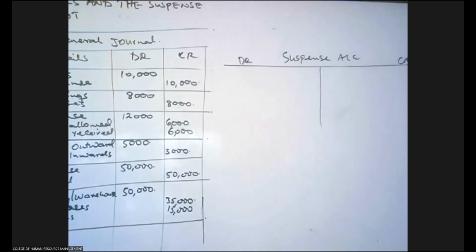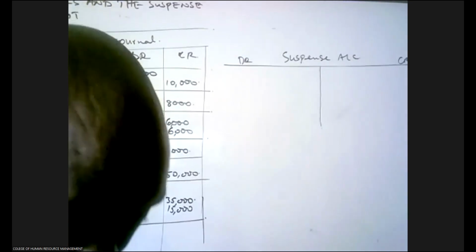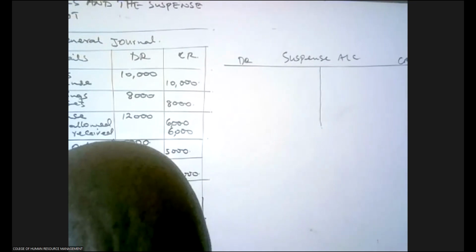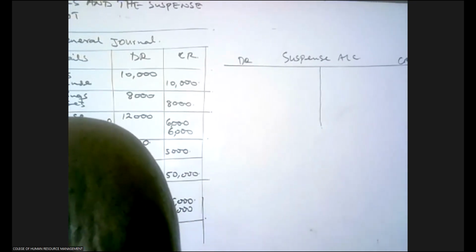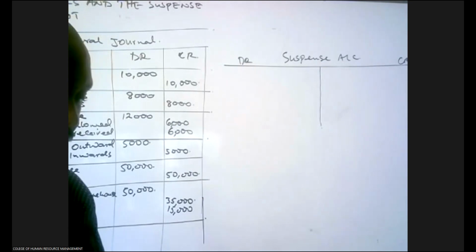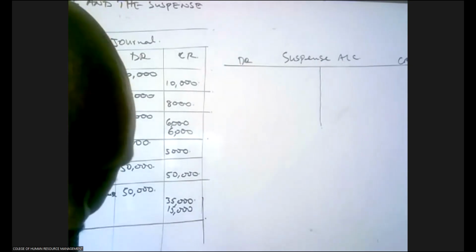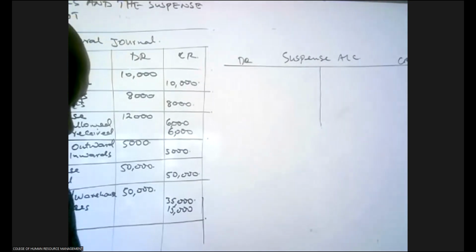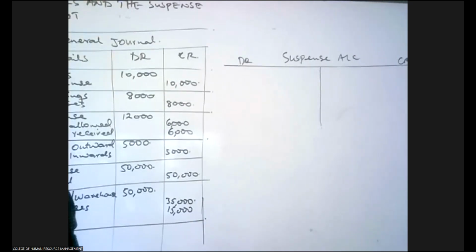Then from there, we need to get the difference in the trial balance totals because we are told that the debit total was 491,400. Then we subtract the totals of the credit, which is 440,400. You realize that the difference is 51,000, and it is the debit side that had more because it had 491,400. The credit was having 440,400.